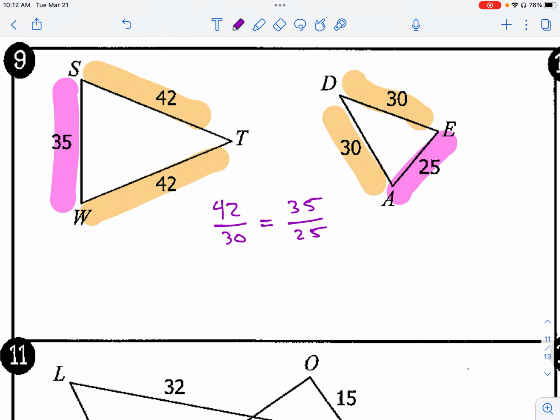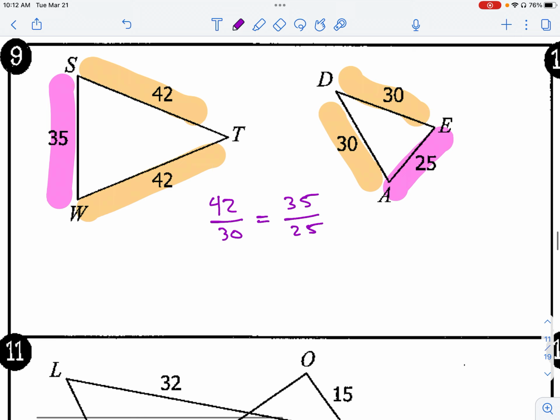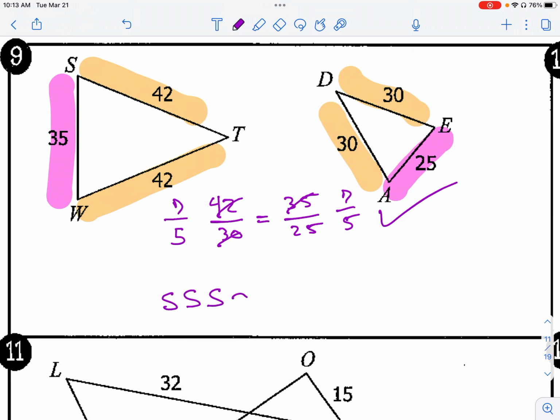So 42 over 30, both divisible by 6. So we're going to have 7 over 5. And 35 and 25, obviously both divisible by 5. And we're going to have 7 over 5. And of course, 42 over 30 equals 42 over 30. So we've got side, side, side similarity.